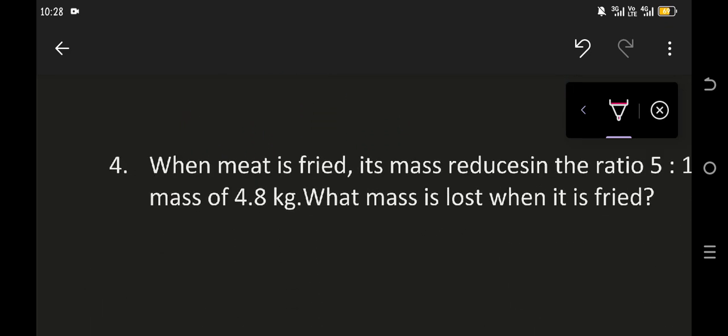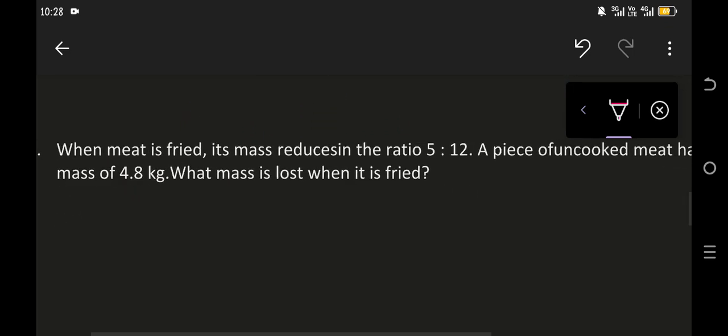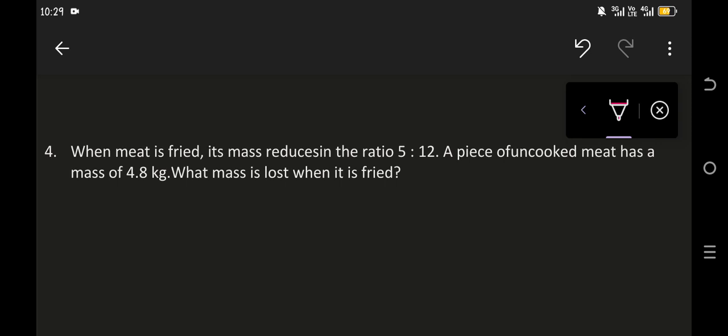Then we have a word problem. When meat is fried, its mass reduces in the ratio 5 to 12. A piece of uncooked meat has a mass of 4.8 kilograms.